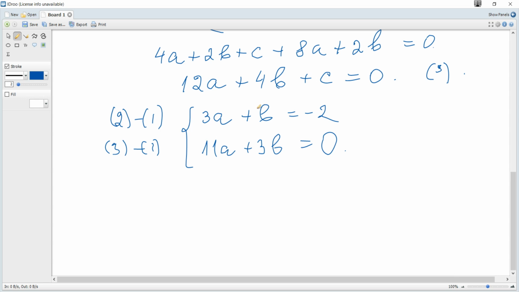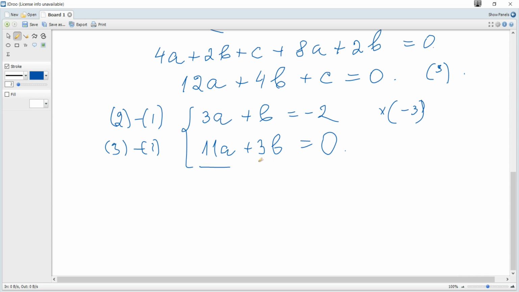For example, you can say that b is negative 2 minus 3a and substitute for b into the second, but I want to multiply the first by negative 3 to get 3b and negative 3b, and then eliminate b. So it becomes multiplied by negative 3. I can multiply each term by the same value, or divide.